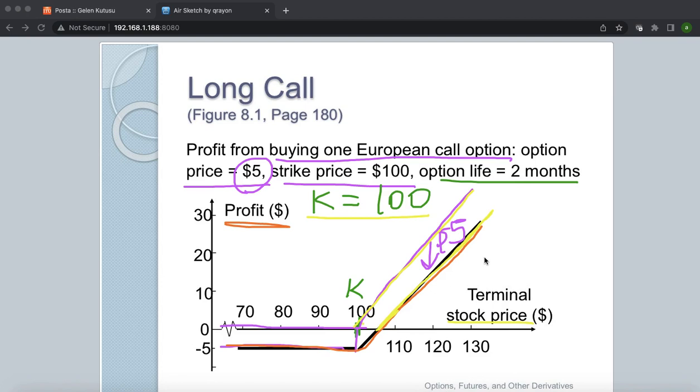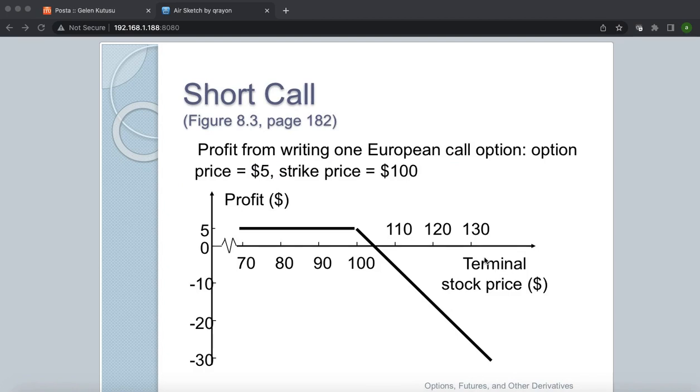So if the terminal price of the stock is above $105, any price above this 105, we are going to make a profit, because the strike price is 100, so we have the option to buy this stock at 100, although the terminal price is above $100. This will be a gain for us. But if the stock price at the maturity is below $100, then our payoff is zero, and in profit and loss we are making a loss because of the $5 premium that we paid.